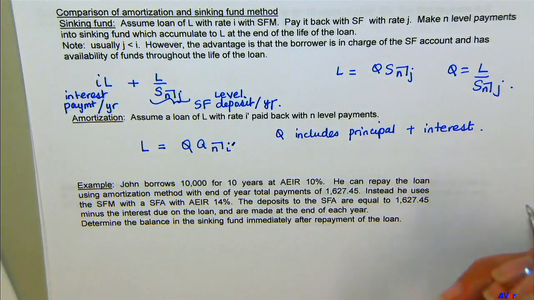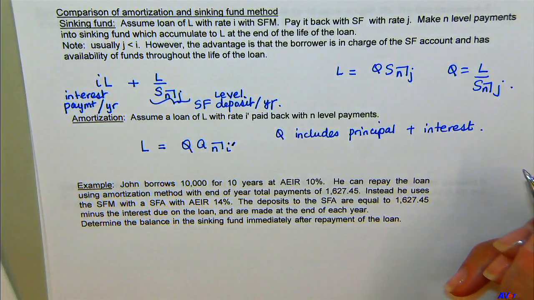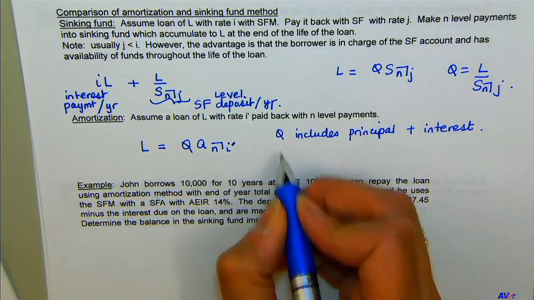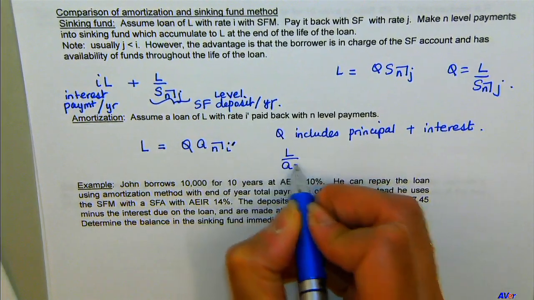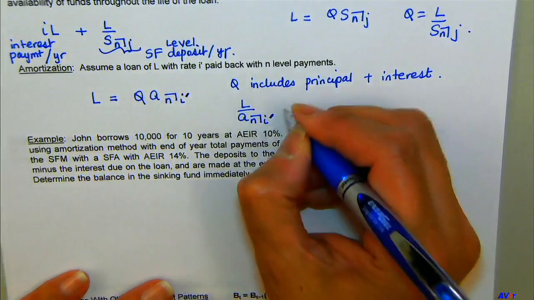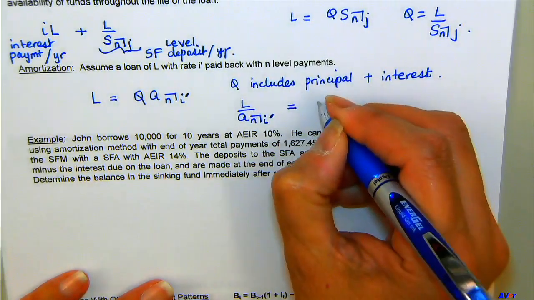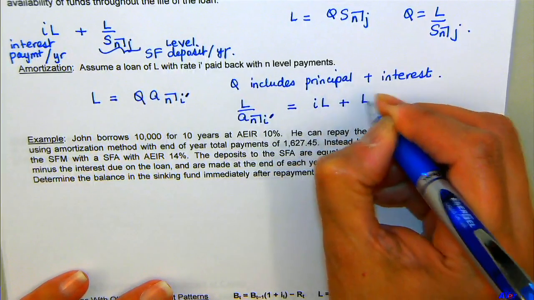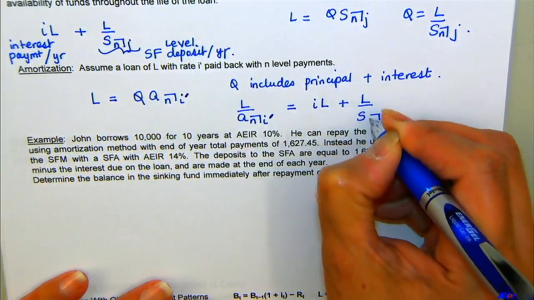Set these two payments equal, because they're both satisfying a loan of L. So I have every right to say that this payment Q, L over A angle NI prime, that's the payment from amortization, is equal to IL plus L over S angle NJ.